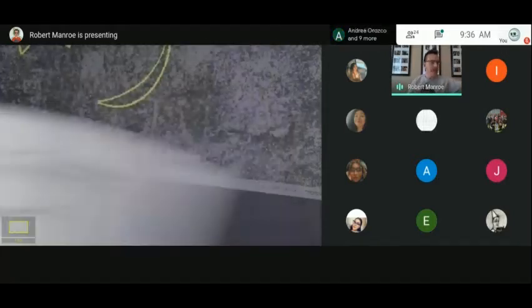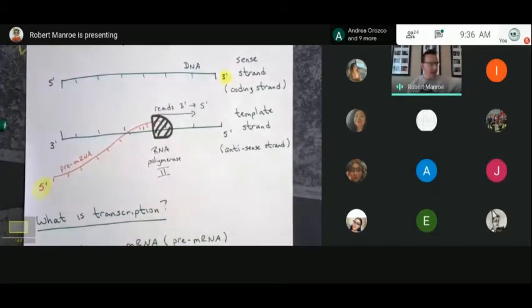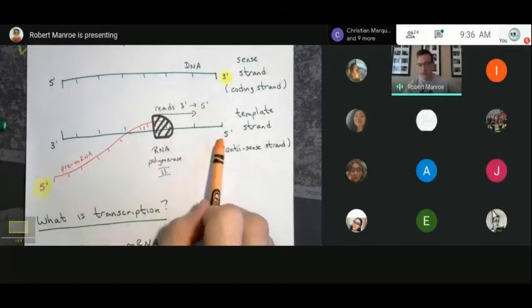All right, so what we're going to do is get a little bit more specific on this general diagram of how RNA polymerase 2 attaches to the gene and reads the gene from 3' to 5', because don't forget DNA is always read from 3 to 5.